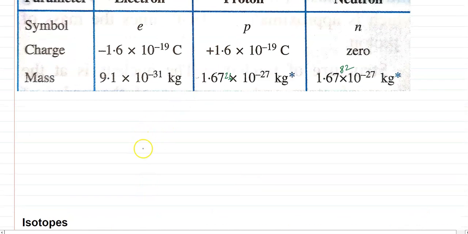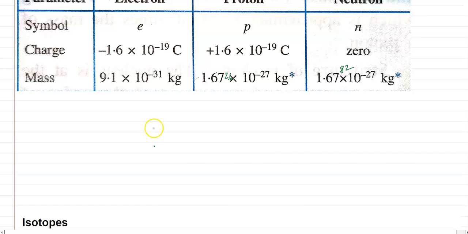So we have seen that in the nucleus there are two basic types of particles: protons and neutrons. The number of protons equals the number of electrons. That means the number of protons defines most of the properties of the atom, like the electronic configuration, which depends only on the number of protons.